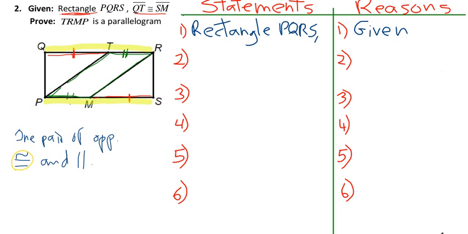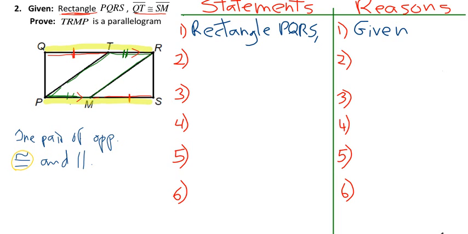So that's how we are going to get that DR is parallel to PM, and so we have one pair of opposite sides that is both parallel and congruent, which would allow us to conclude that TRMP is a parallelogram. So now I'm going to complete the proof.